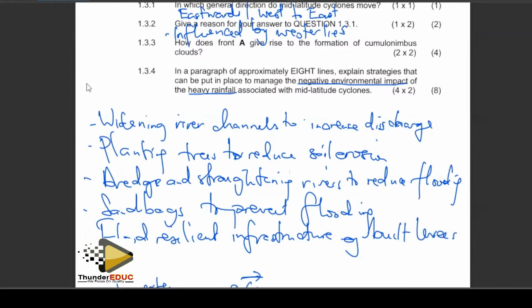We know the natural levees, which is the natural embankment on the river channel. We can also do the artificial one, where we build protective walls, the flood walls, along the river channels to contain all the water within the river channel so that we avoid excess water getting to the environment or damaging the surrounding. So those are some of the strategies that we can try to put in place.